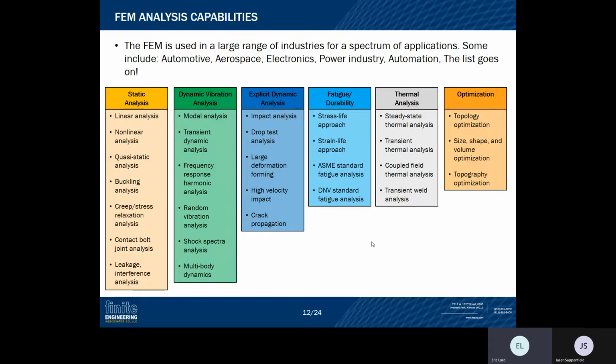And then we sort of have fatigue and durability. So looking at stress or strain life, or looking at simple things such as, let's say, Goodman plots, or we want to look at just SN curves. But this can tell us what the life of whatever structure we're analyzing is. We can tell you what the life is going to be in the entire structure. So you can look at specific areas.